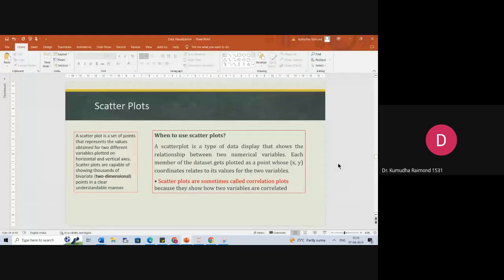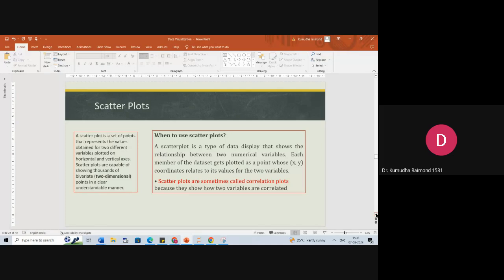Okay, the next one is the scatter plot. Scatter plot is, again, almost like our dot plot, where the points will be shown as dots between two variables.